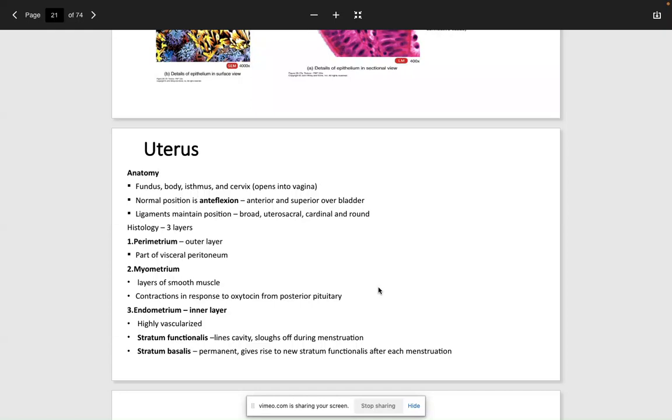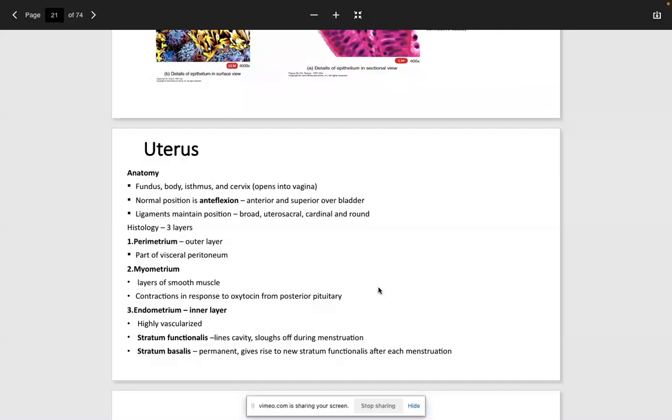So again, going back onto the uterus, the uterus is going to have an opening called the cervix, which opens into the vagina. You know the uterus has the uterine tubes, or the fallopian tubes, which essentially coordinate the egg traveling from the ovary into the uterus.